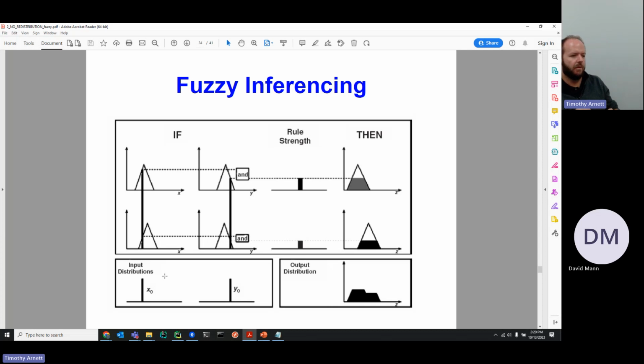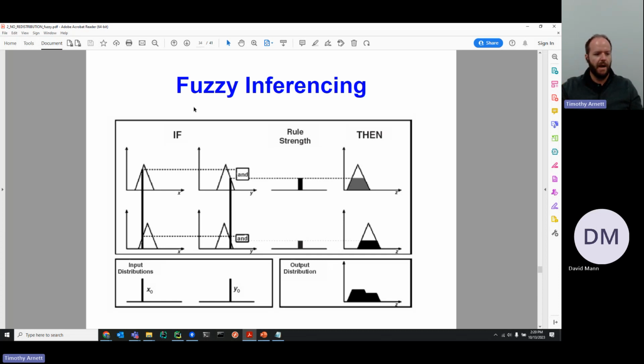What I mean by that is if you did the product T norm, which is another one you can use for conjunction, for AND, obviously you'd be multiplying these together, so you would be getting a value below the minimum.